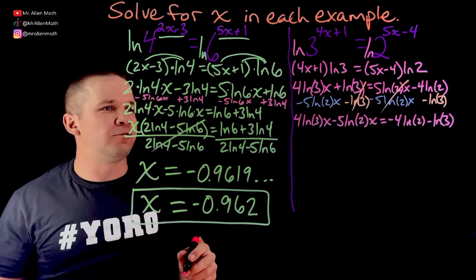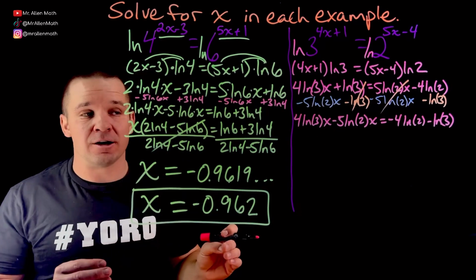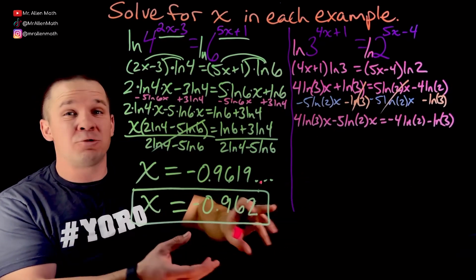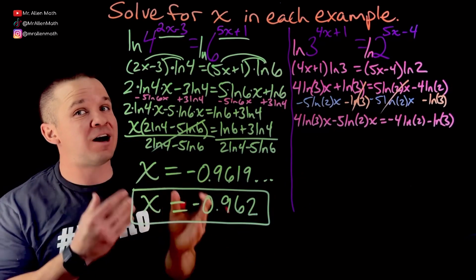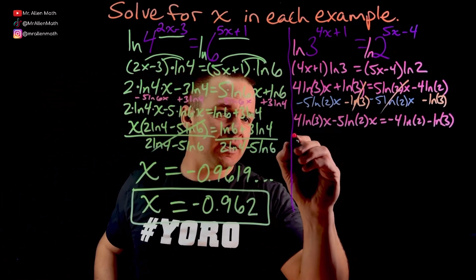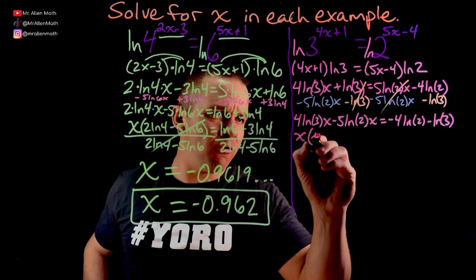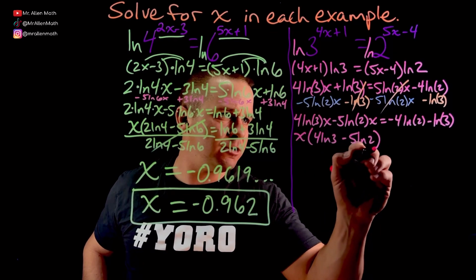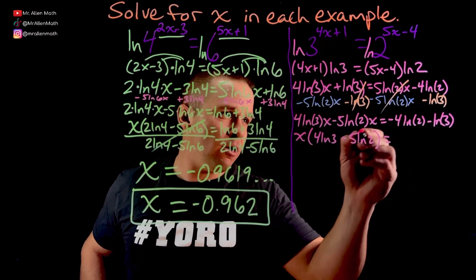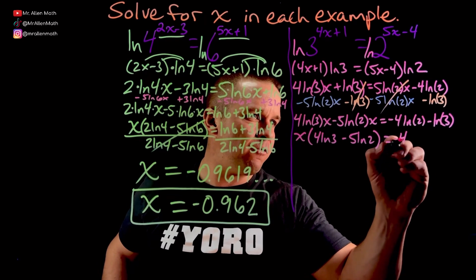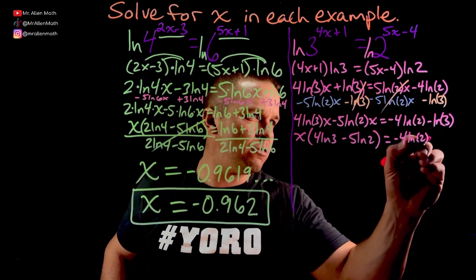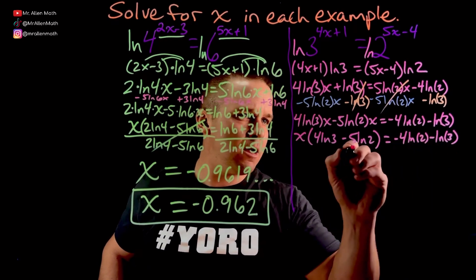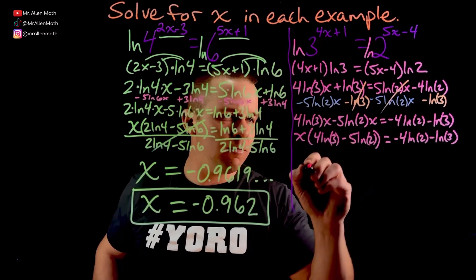Now I can factor out my x here, leaving behind just the stuff with the logs, which is just a number that we can divide by eventually. So I'm going to take out the x, and then we got 4 natural log of 3 minus 5 natural log of 2 equals, and over here it doesn't really change, right? So negative 4 natural log of 2 minus natural log of 3.